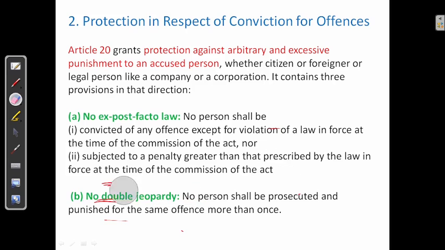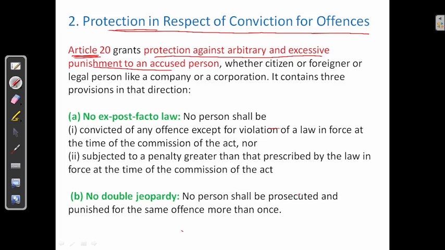Next, protection in respect of conviction for offences. Article 20 grants protection against arbitrary and excessive punishment to an accused person, whether a citizen, a foreigner, or a legal person like a company or a corporation.